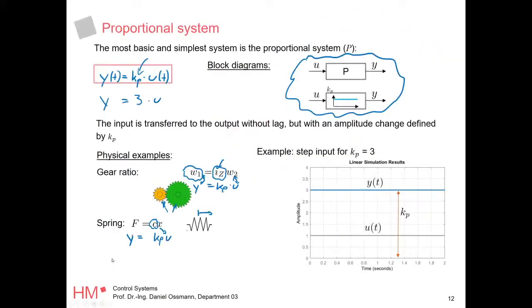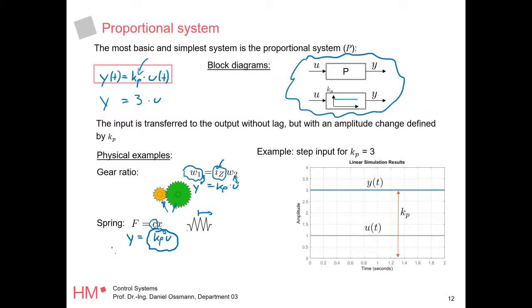The only thing we're going to do for the proportional system now is add something here, so we will have y dot, y2 dot, y3 dot, and so on. And this is why a proportional system on the right-hand side always has something which acts proportionally on our input. We take the input and multiply it by a constant factor. As soon as you have this, there is a proportional part in your system.